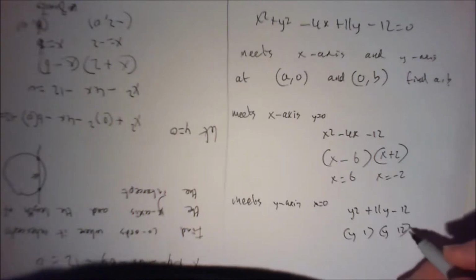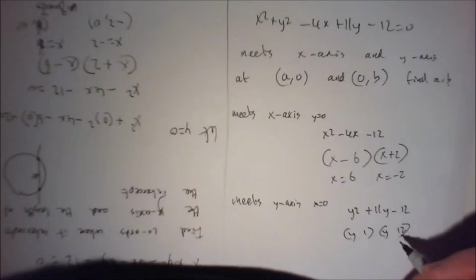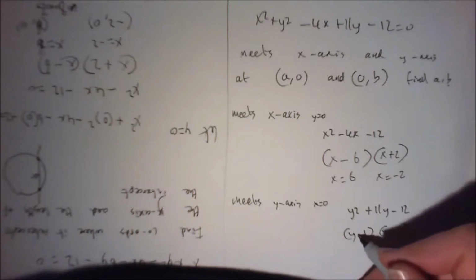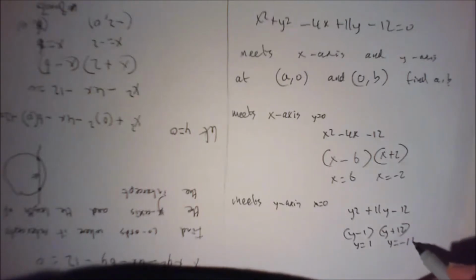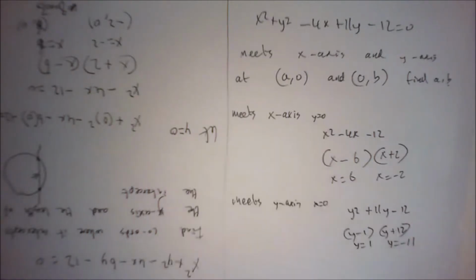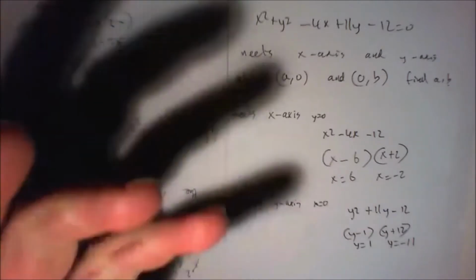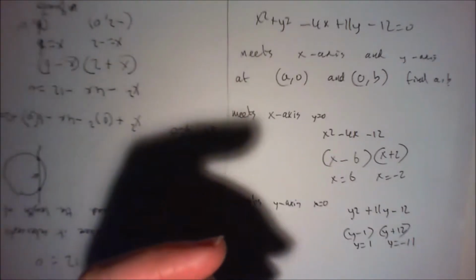A 12 and a 1. Plus and a minus. Yeah. y is equal to 1 or y is equal to minus 11. Okay, so we have 4 combinations. So which combinations are going to work?